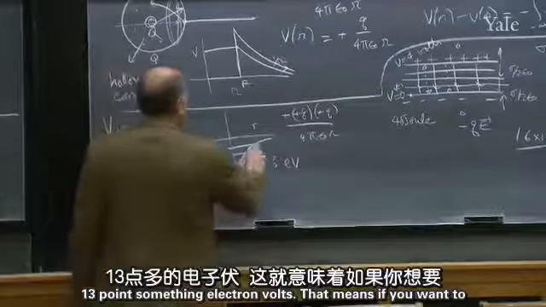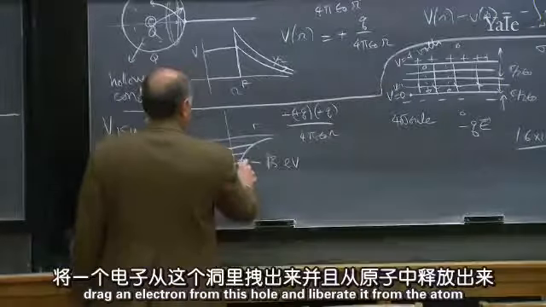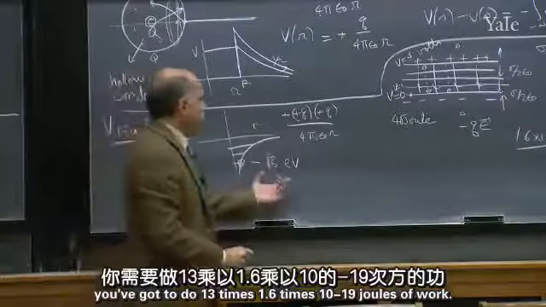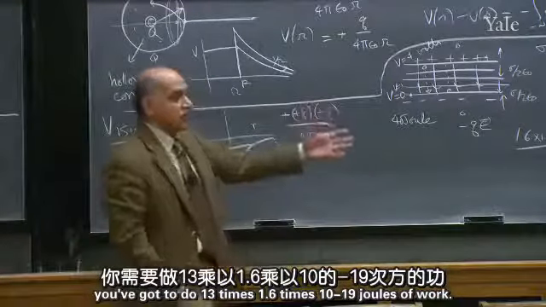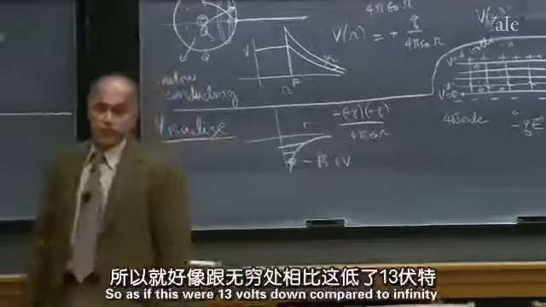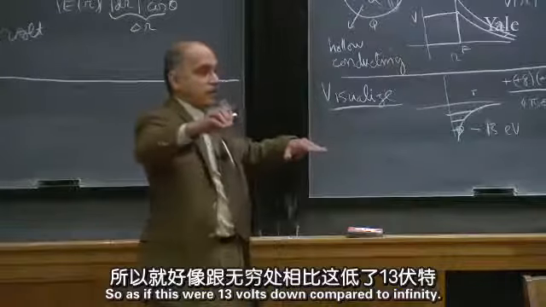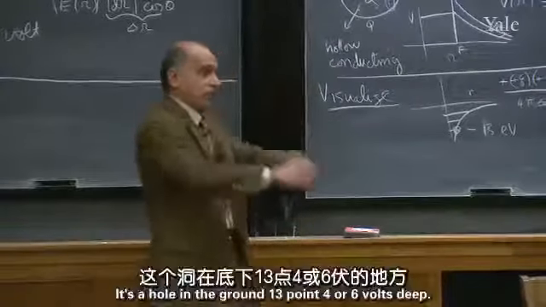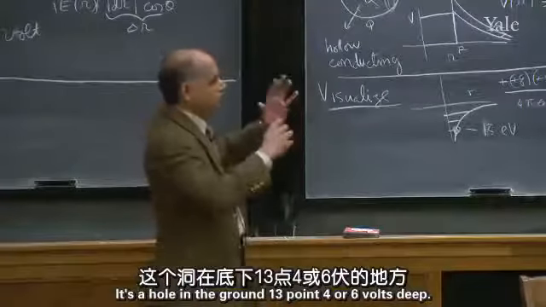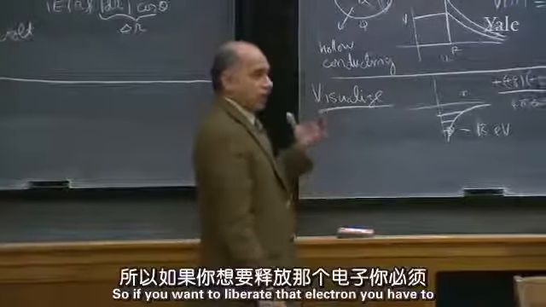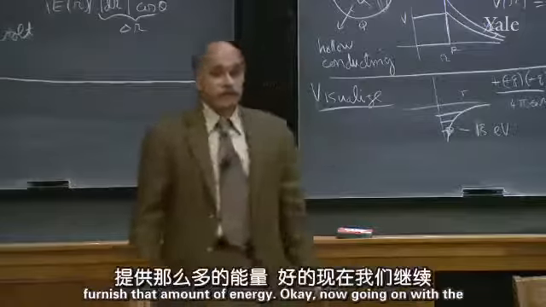That means if you want to drag an electron from this hole and liberate it from the atom, you've got to do 13 times 1.6 times 10 to the minus 19 joules of work. So as if this were 13 volts down compared to infinity. It's a hole in the ground, 13 point 4 or 6 volts deep. So if you want to liberate that electron, you have to furnish that amount of energy.